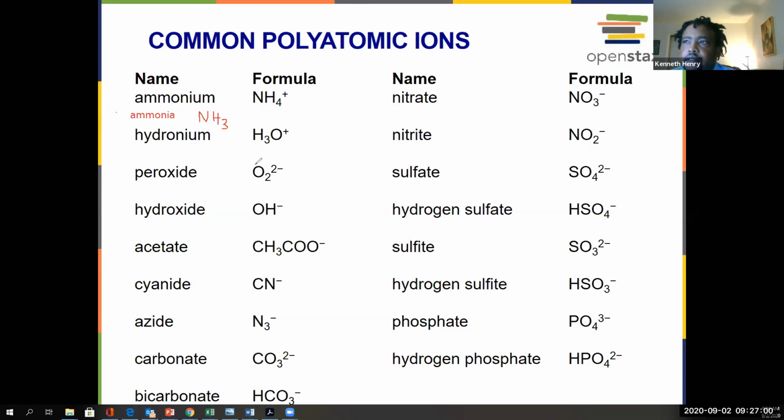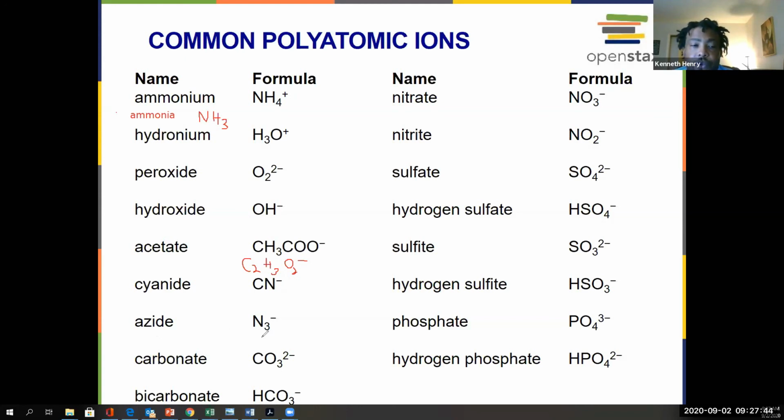Peroxide. So that's O2, 2 minus. So hydroxide is OH minus. Acetate is CH3COO minus. You'll also see it written as C2H3O2 minus. Cyanide, CN minus.